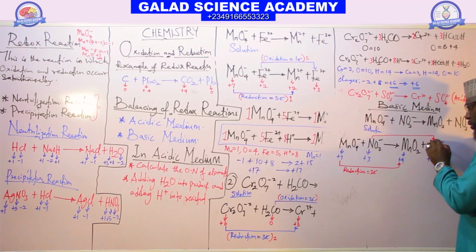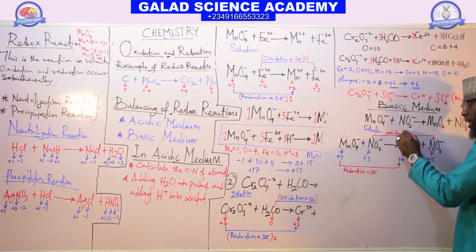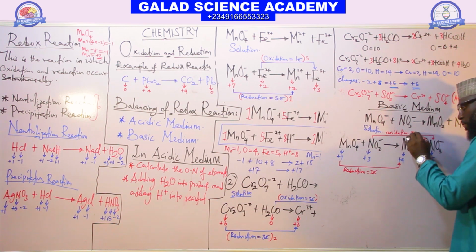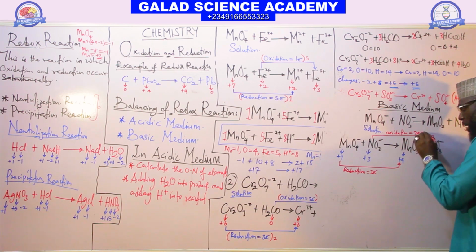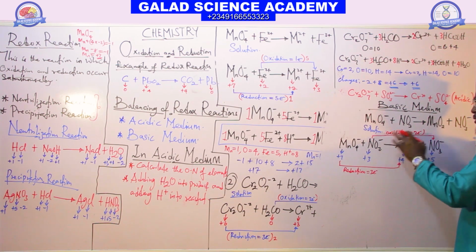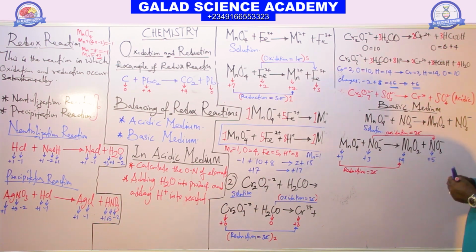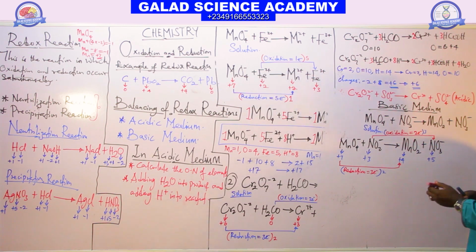Nitrogen goes from 3 to 5, it increased. It undergoes oxidation by 2 electrons. So what are we going to do now? The next step, we will multiply the number of moles: the 3 here multiplies oxidation, the number of electrons here multiplies reduction.